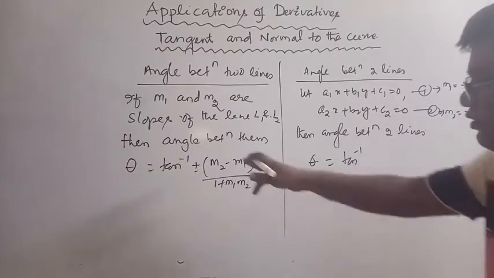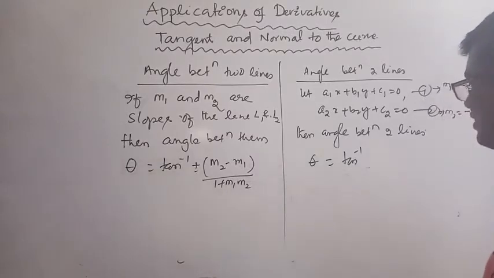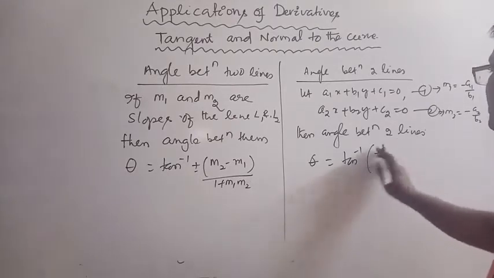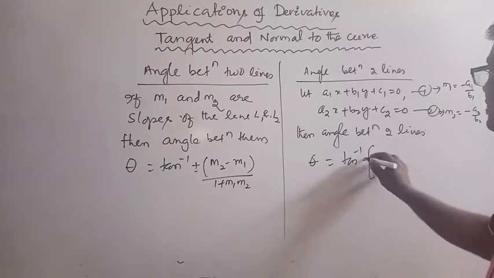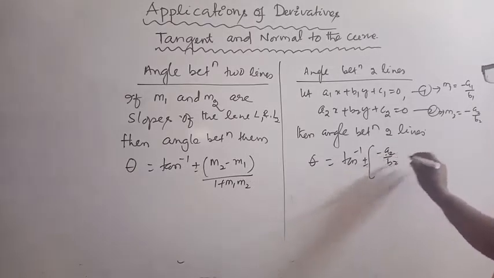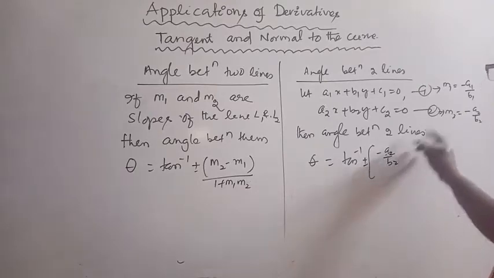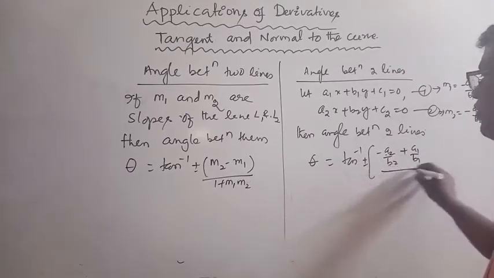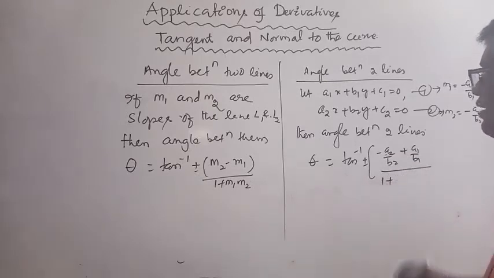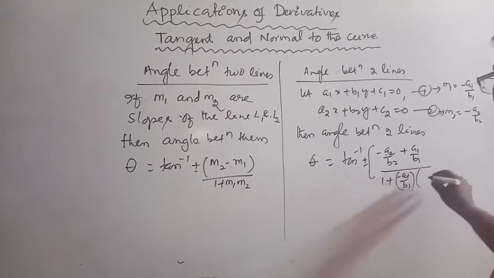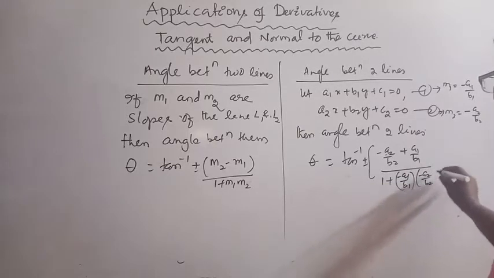So put the values of m1 and m2. We get plus or minus of minus a2 by b2 plus a1 by b1, whole divided by 1 plus minus a1 by b1 into minus a2 by b2.